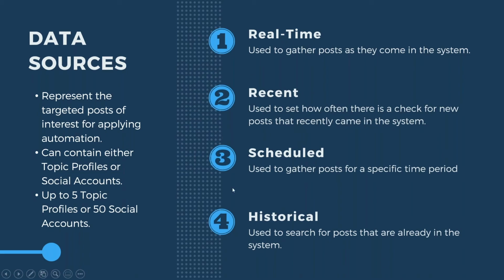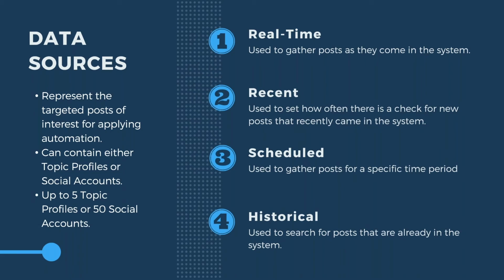So that's how you use rules with recent data sources in conjunction with real-time rules. And then we have two more time-specific types, what we call scheduled and historical. Scheduled is more of a niche type of data source. Basically, you use it if you want a set of rules to run for a specific time period. Historical is used to search for posts that are already in the system, so it can be used if you want to apply rules retroactively.